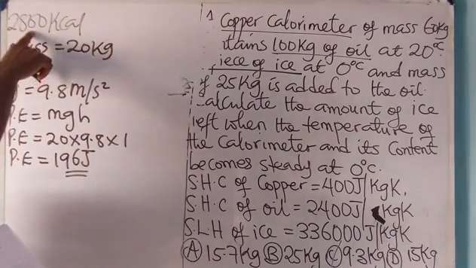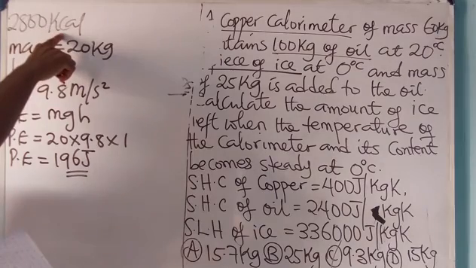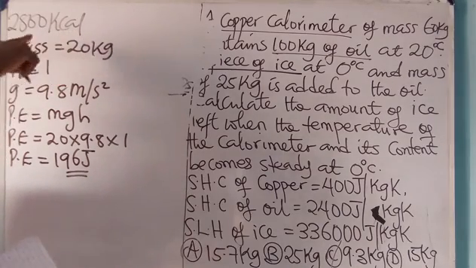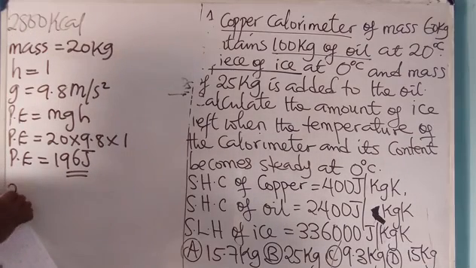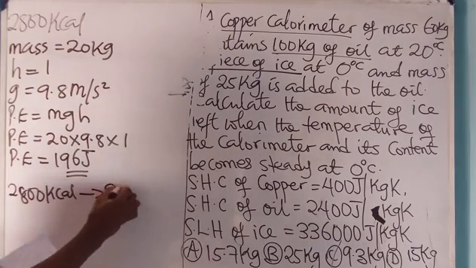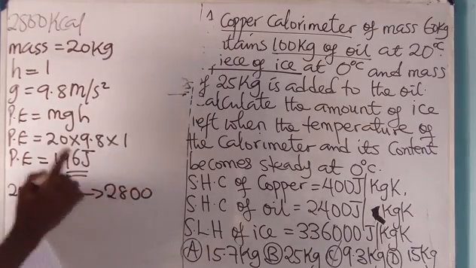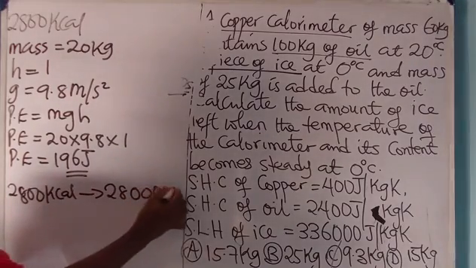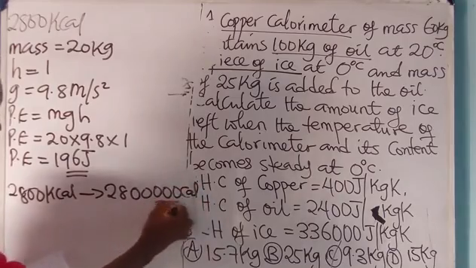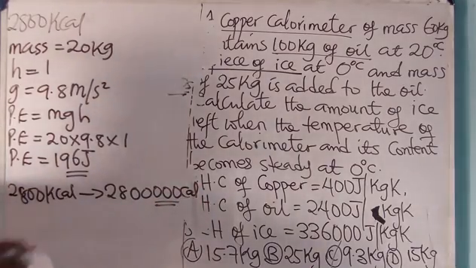Now this one is in kilocalorie. I have to convert to calorie by multiplying by 1000. So I have 2800 kilocalorie, and that becomes 2800 times 1000 calorie. So we cannot solve with this.